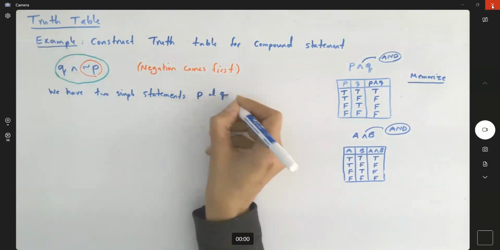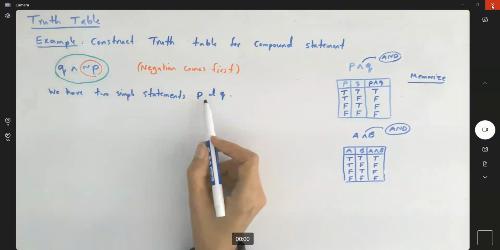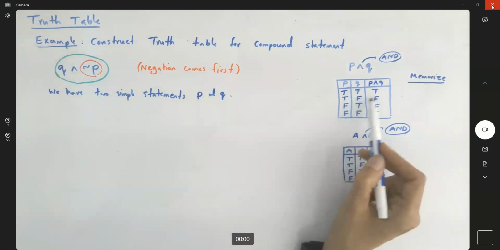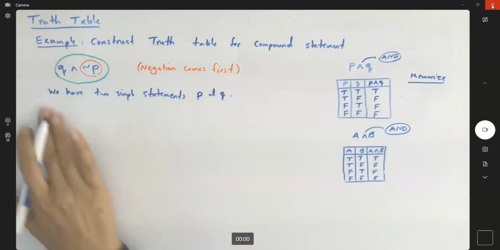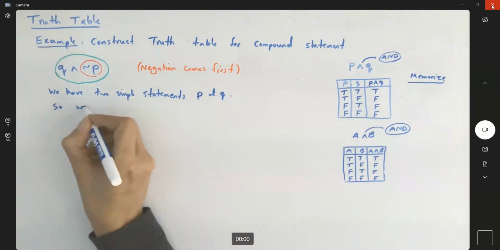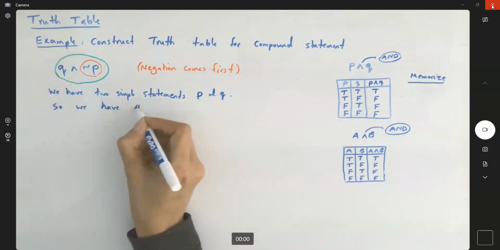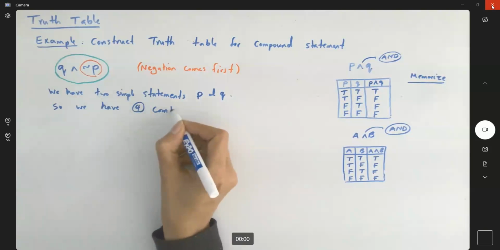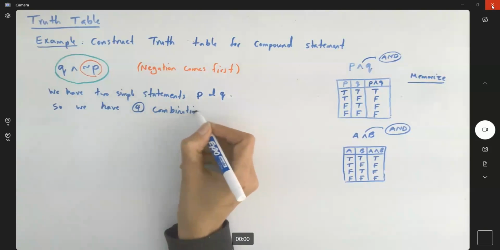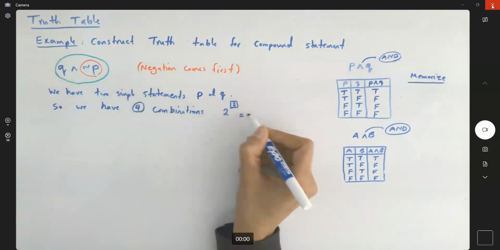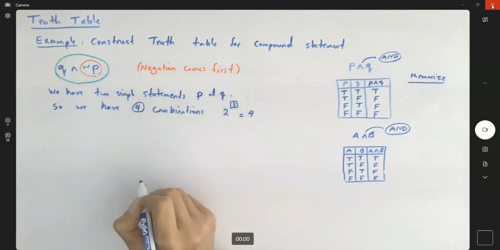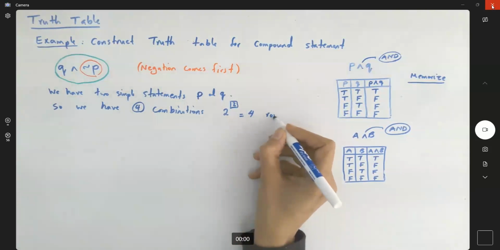P and Q. So it means that we get 4 rows. We have 4 combinations because 2 raised to 2 statements is 4. 4 combinations or 4 rows.